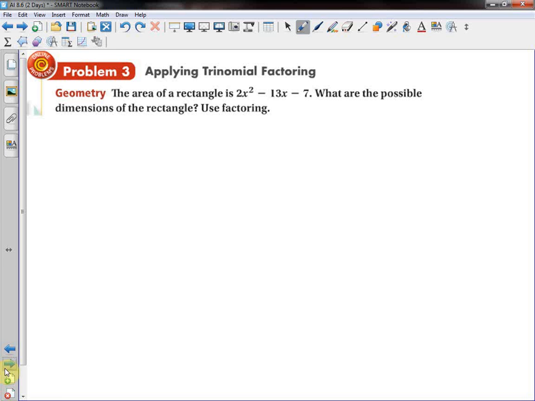All right, so right here we have the area of a rectangle is equal to 2x squared minus 13x minus 7. What are the possible dimensions of the rectangle? Well, first thing I want us all to realize is that area of a rectangle is equal to length times width.